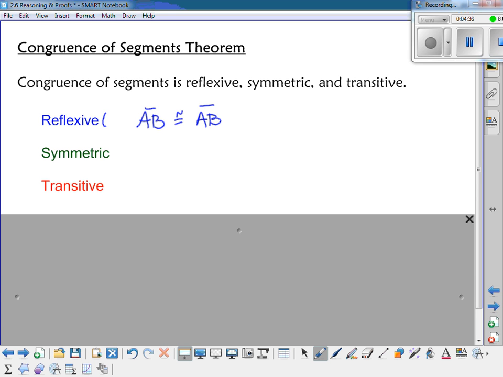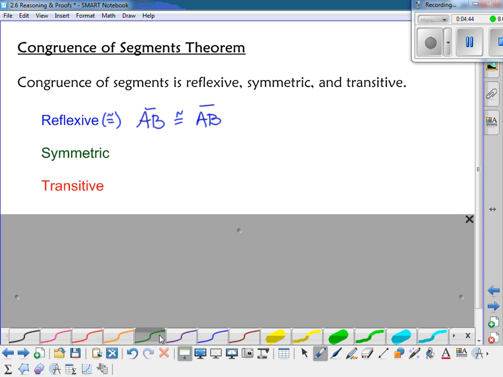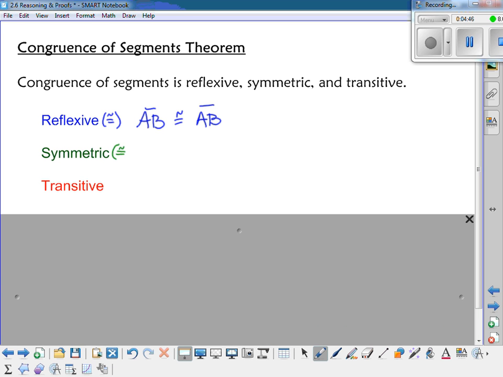So you're going to put a little congruent sign after it when using the reflexive property of congruence. Symmetric, again with our congruent sign: if AB is congruent to CD, then they switch the order, CD is congruent to AB.